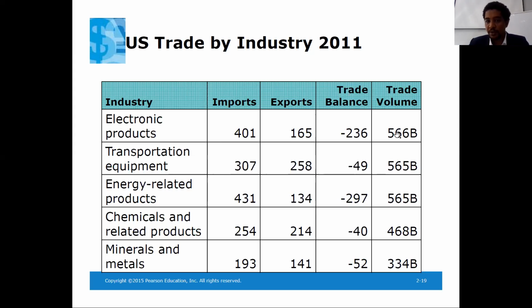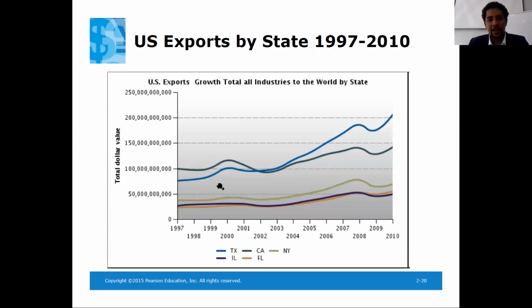This is the total volume of trade. Then transportation equipment, energy related products, chemicals and related products, minerals and related products. These are the amounts of imports and exports in 2011, but you can see that the trade balance is still negative, right? These are the US exporters' gross total, all industries to the world by states.